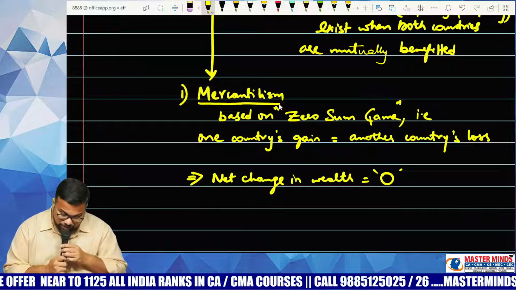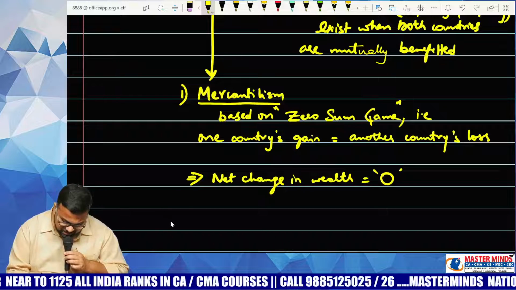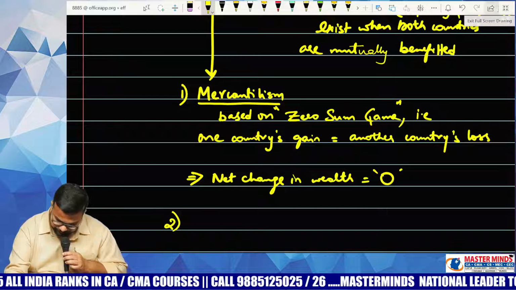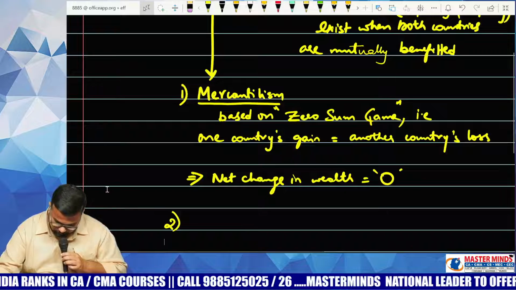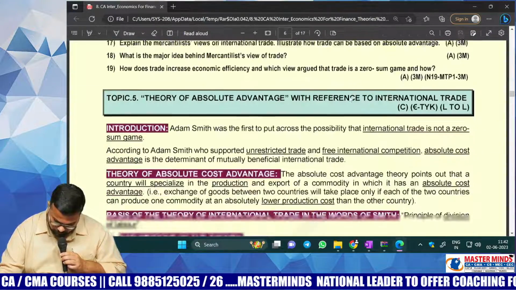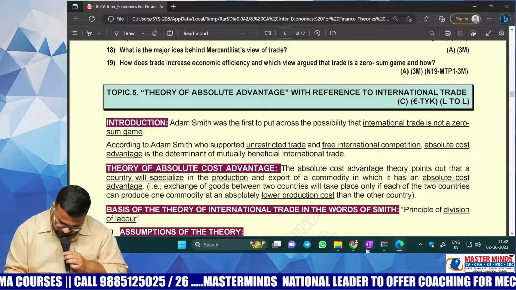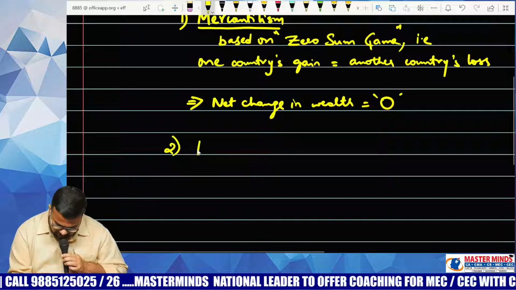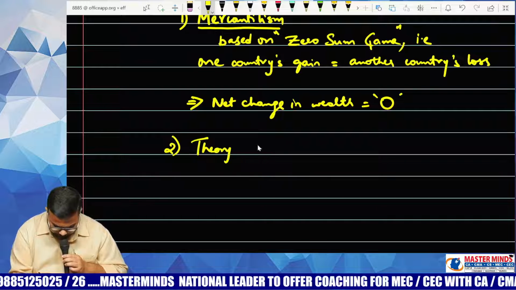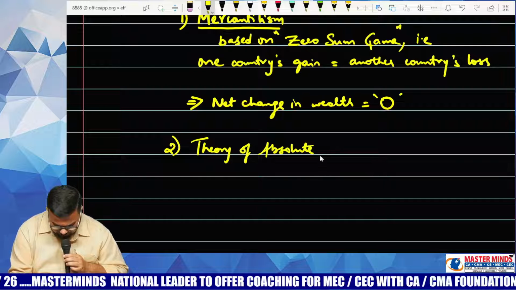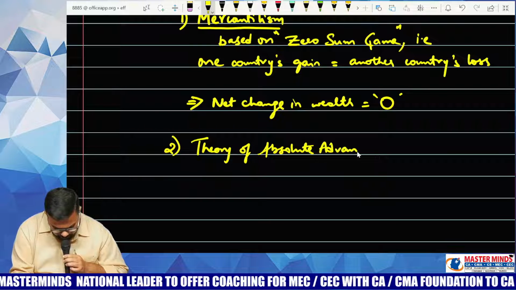Okay, Nana. So in that, the first theory was given by Mr. Adam Smith. The second theory is the theory of absolute advantage.